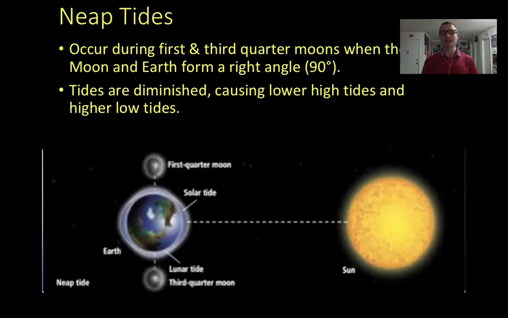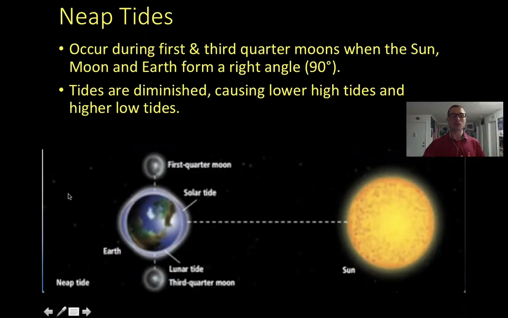But neap tides, it's going to be not as extreme, more moderate in its influence, because we have now, instead of the moon and the sun working in tandem to pull across a linear format, you've now got them pulling on opposite ends at a 90-degree angle.